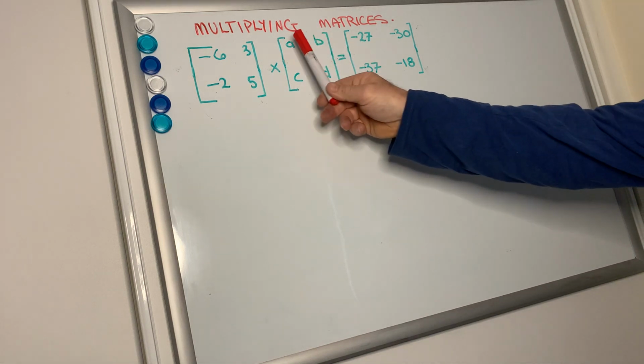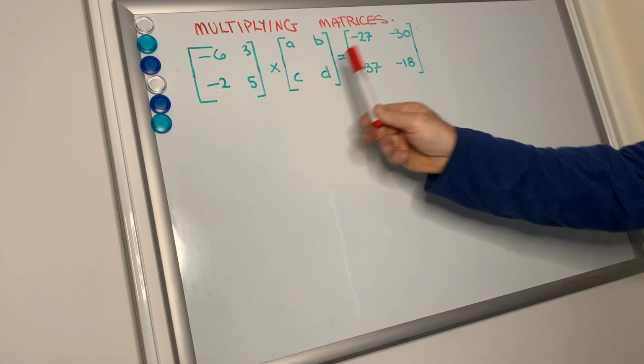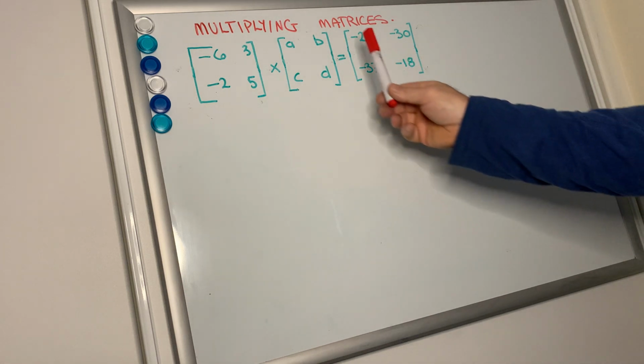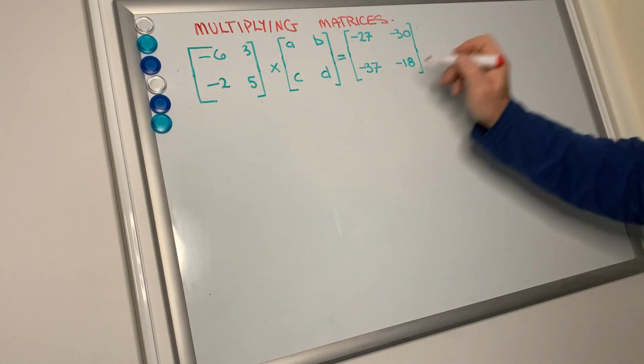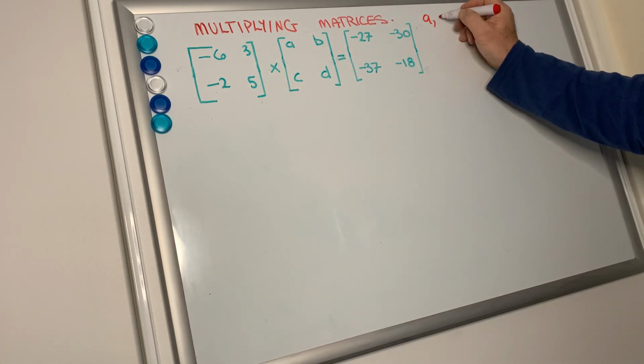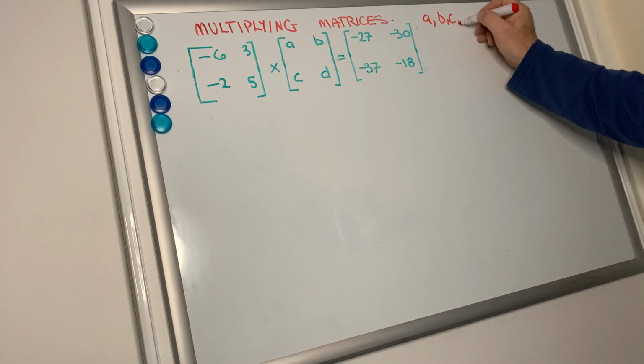What I want us to do is work out how we find A, B, C, D, and see if we can identify this second matrix. So just to be clear, we want to find A, B, C, and D.